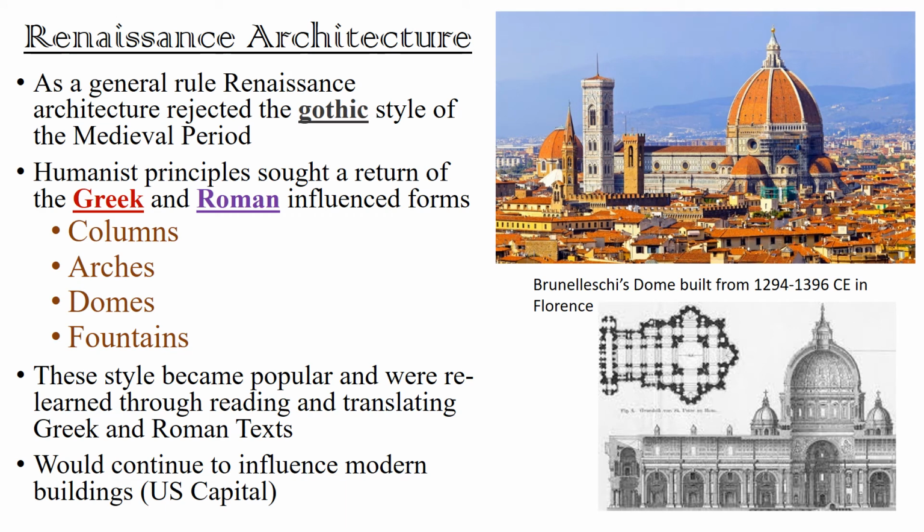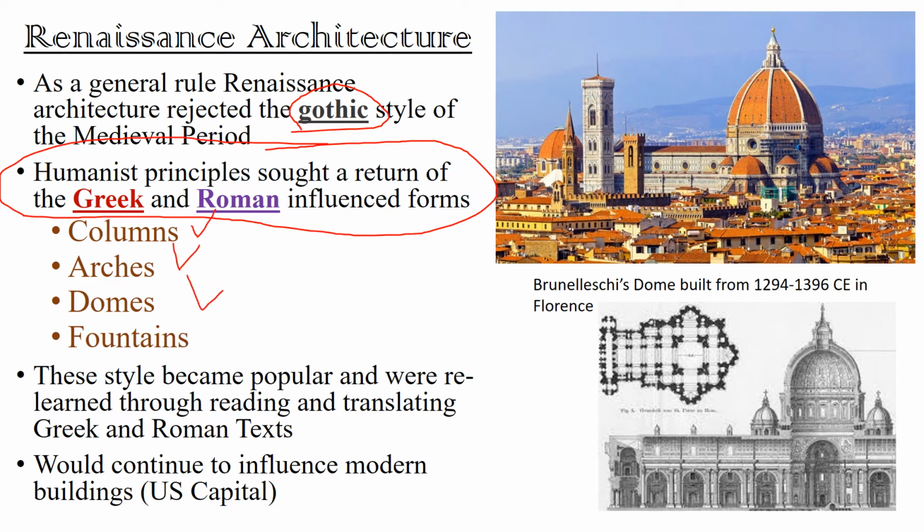The Renaissance is also known as an amazing time period of architectural expansion. The common theme you see during the Renaissance is a rejection of the Gothic style of the cathedrals of the High Middle Ages and Middle Ages, and a return to some of the Greek and Roman influences: columns, arches, domes, fountains.